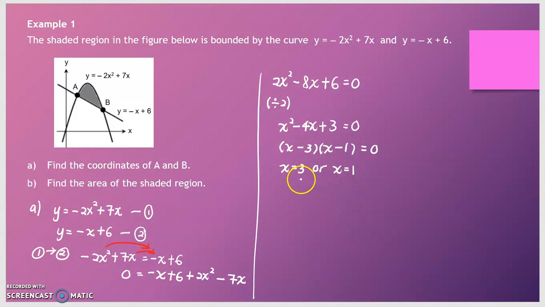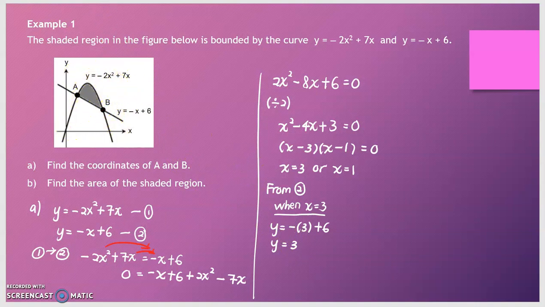Next, we will find the coordinate of y. So let's say from equation 2, when x is equal to 3, y will be equal to negative 3 plus 6. y is equal to positive 3. So x is 3, y is 3. So based on this graph, x is 3, y is 3.